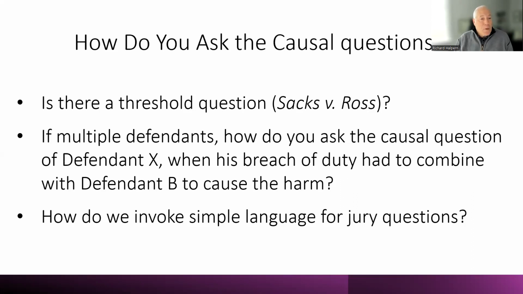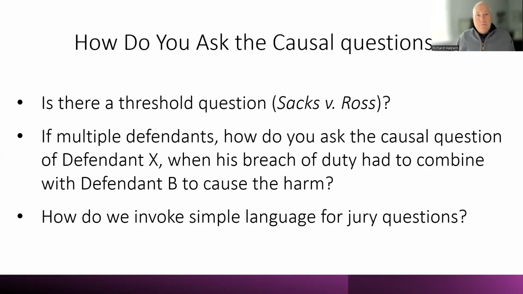And one of the problems that we have, of course, with but-for is that when you ask the causal question, you must ask the causal question of an individual defendant. You can't ask the question of defendants at large or people at large. So tort law demands that where you find defendant A to have committed a breach of his or her duty, you must then ask of defendant A whether that breach of duty is related to the harm.